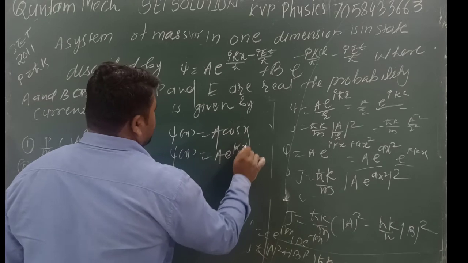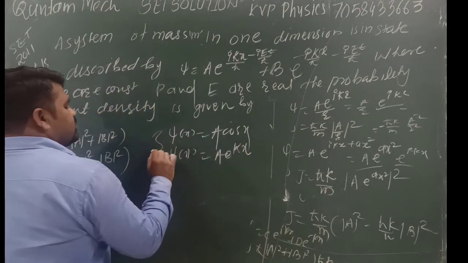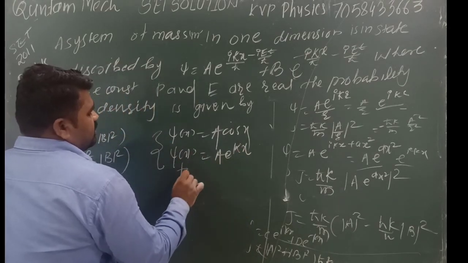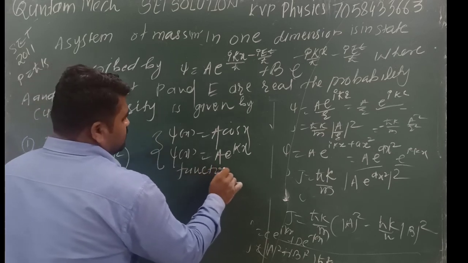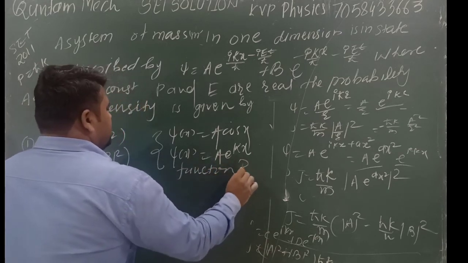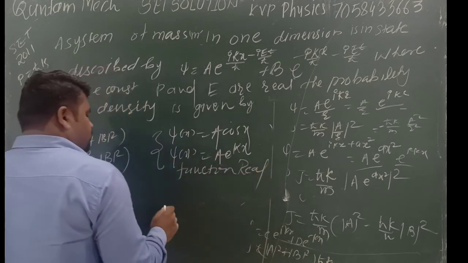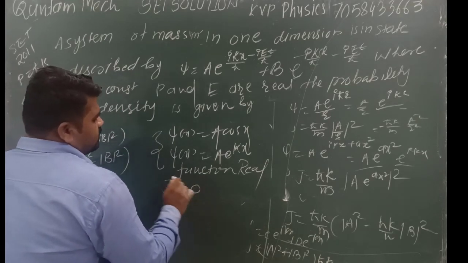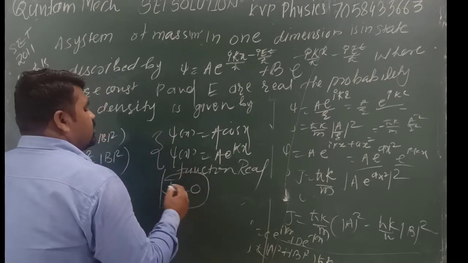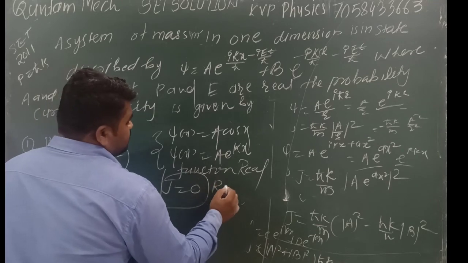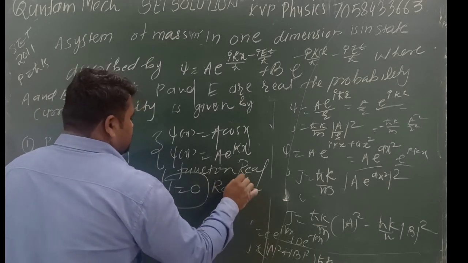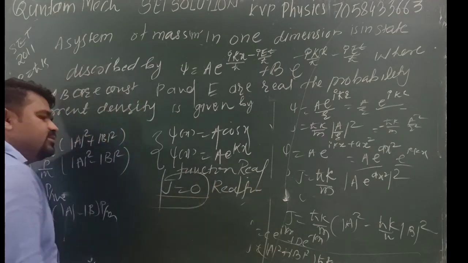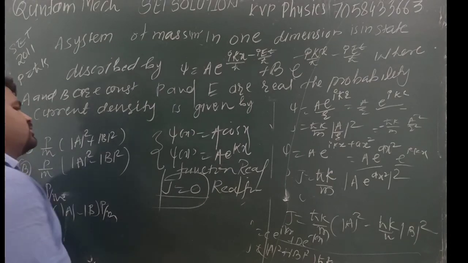Now in both cases, the function is real. Always memorize this thing: for a real function, current density is equal to how much? 0. For psi of x, current density is 0.